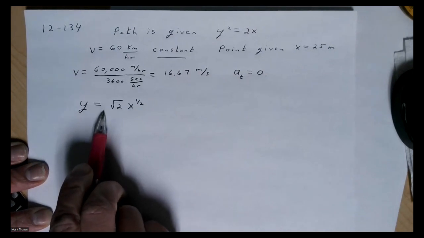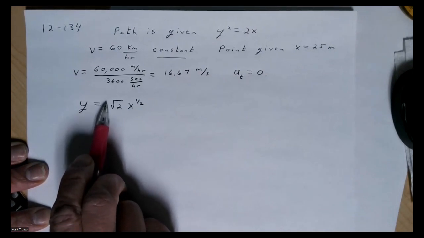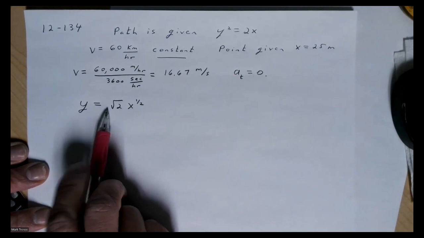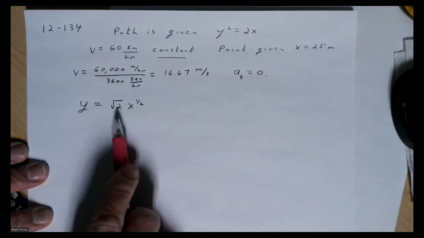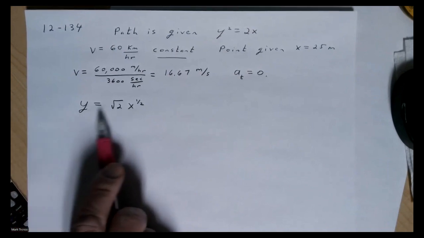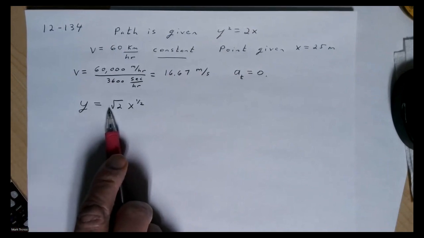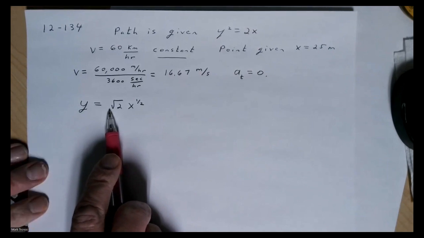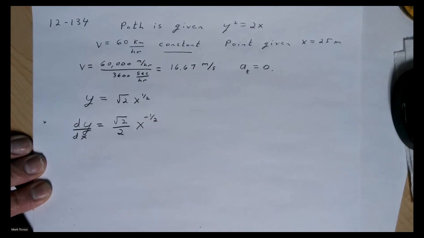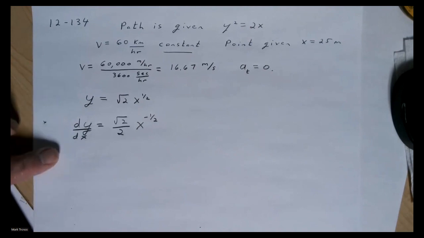Now, normally we would have a plus or a minus here, but the minus would indicate a point earlier. It would have been like earlier in the past. So we'll ignore the negative here. And we'll go ahead and take derivatives, the first derivative, dy/dx.